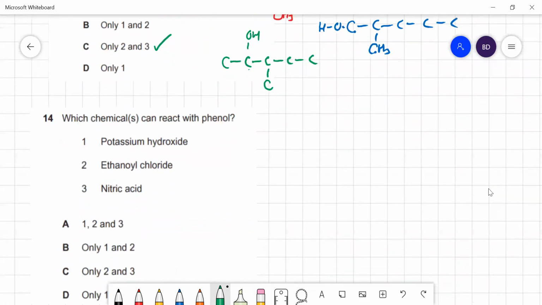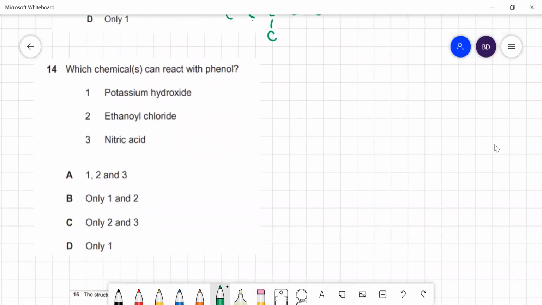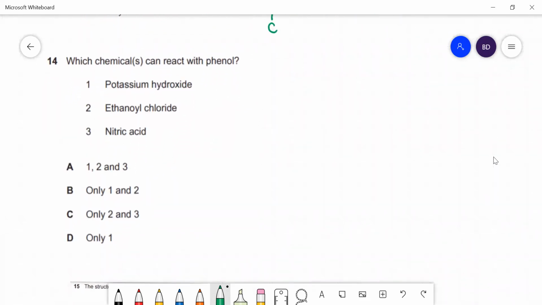Number 14, which chemicals can react with phenol? Okay, right. So phenol, can it react with potassium hydroxide? Well, it can, because that H, unlike an alcohol OH, this H can be removed, because then you end up with the negative charge on the oxygen, and that can be partly delocalized on the benzene ring, which stabilizes it.